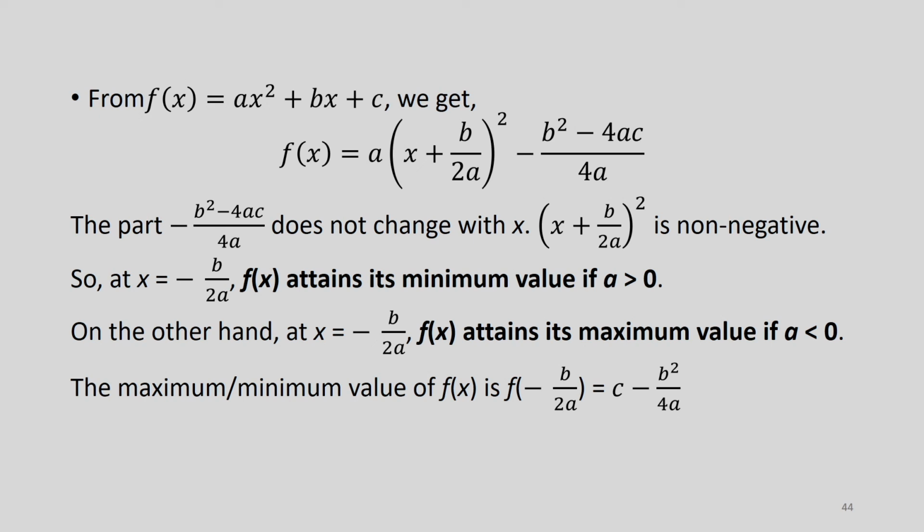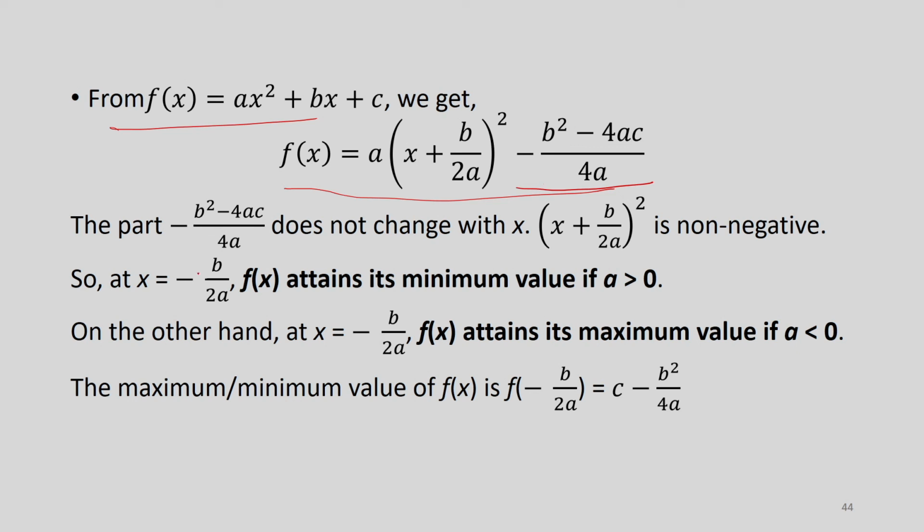Okay, let us take the general form, which is f(x) is equal to a x square plus b x plus c, and we can write this in another form by taking a whole square term. a is getting multiplied by a whole square term, within that there is x plus b by 2 a, and then you have this other part which is minus of b square minus 4 a c divided by 4 a.